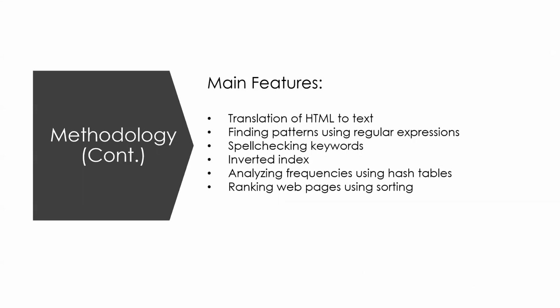Based on these two diagrams, we summarize six main features that we achieved in our search engine. Firstly, in the crawler, we used GSIF to translate HTML to text to get the web page content. Secondly, by using regular expressions to find patterns, we are able to remove unnecessary characters for text preprocessing.